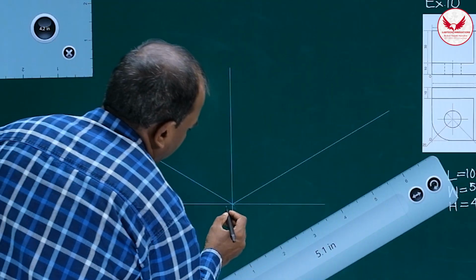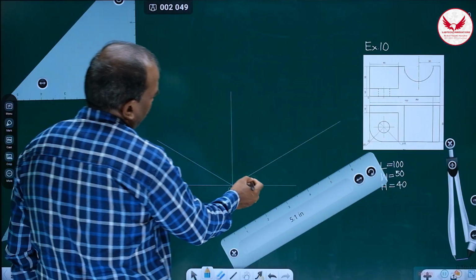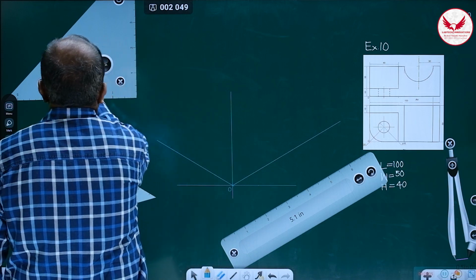So the intersection of all these lines is nothing but its origin. Both these lines are inclined at 30 degrees. Don't write it.